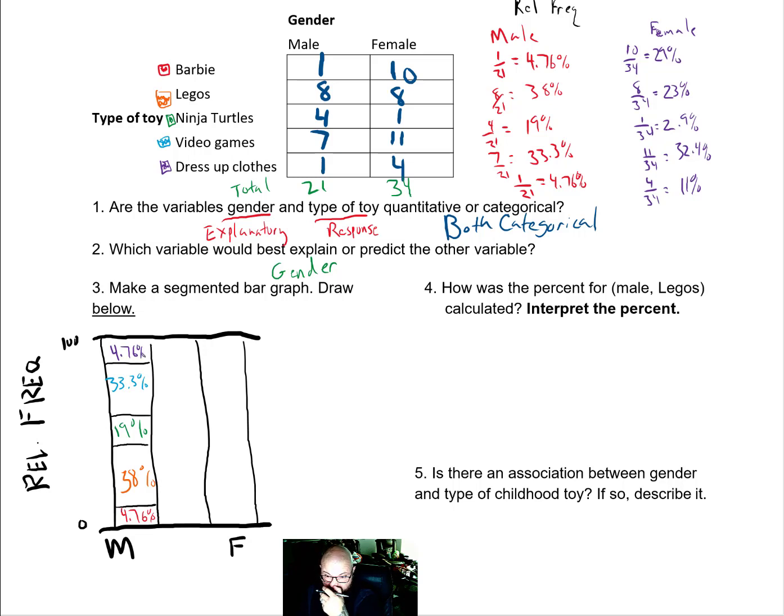Alright, so now we need to do it for the females. To get these, let's say for the Barbies it was 29%, so I'm going to say somewhere around in here.